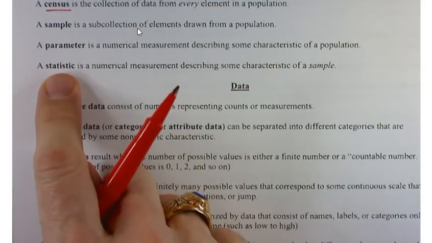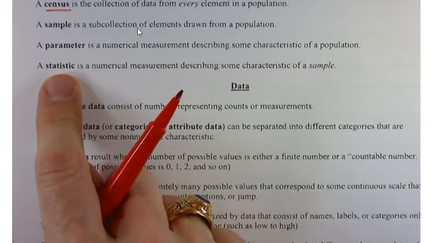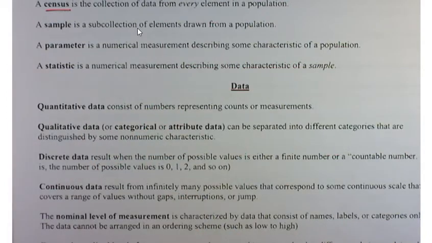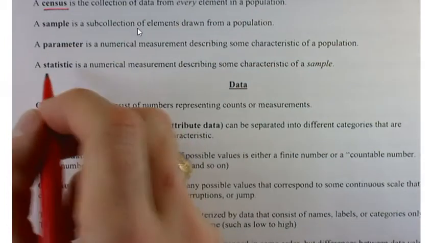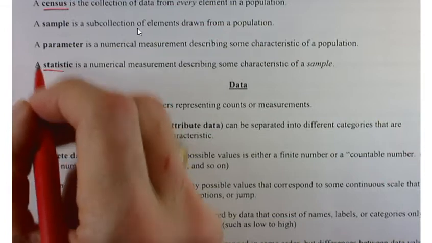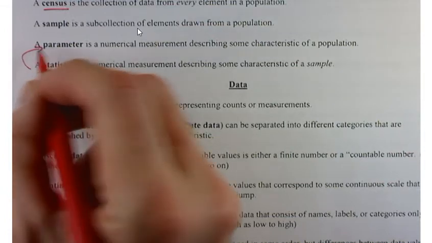Typically what we get is a statistic. So if I just looked at the first two rows, calculated your average age, and said, well, the average age here is 20-something, and that's probably close to the average age of the class, then what I'm calculating is a statistic, and what I'm hoping to get a good estimate of is the population parameter.